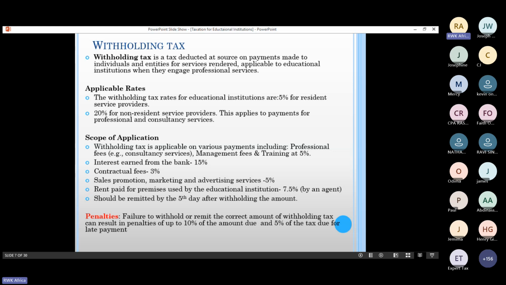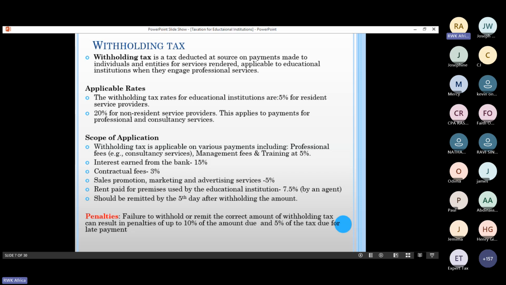Under the scope of application, we check the different categories where withholding taxes affect the educational sector. Number one, we have talked about the withholding tax on professional fees, management fees and training. That one is charged at 5%.